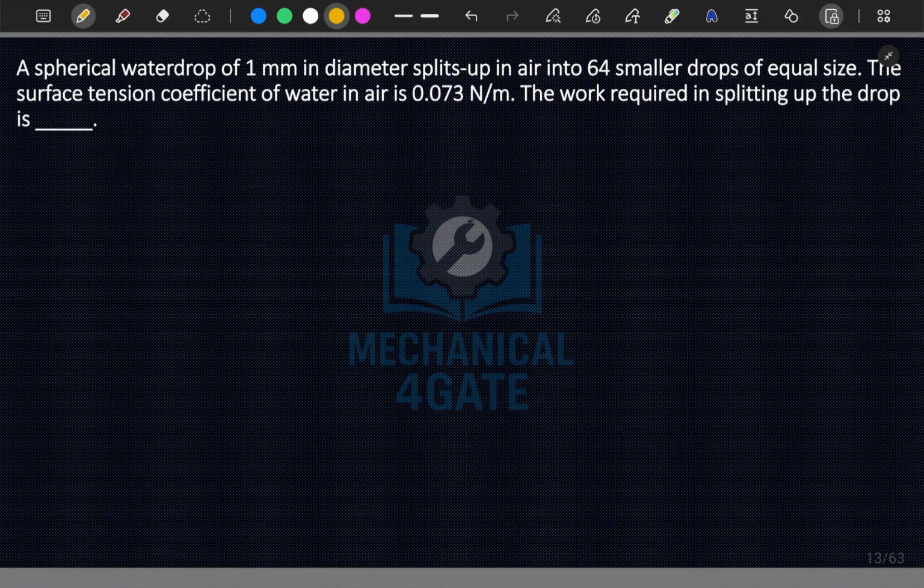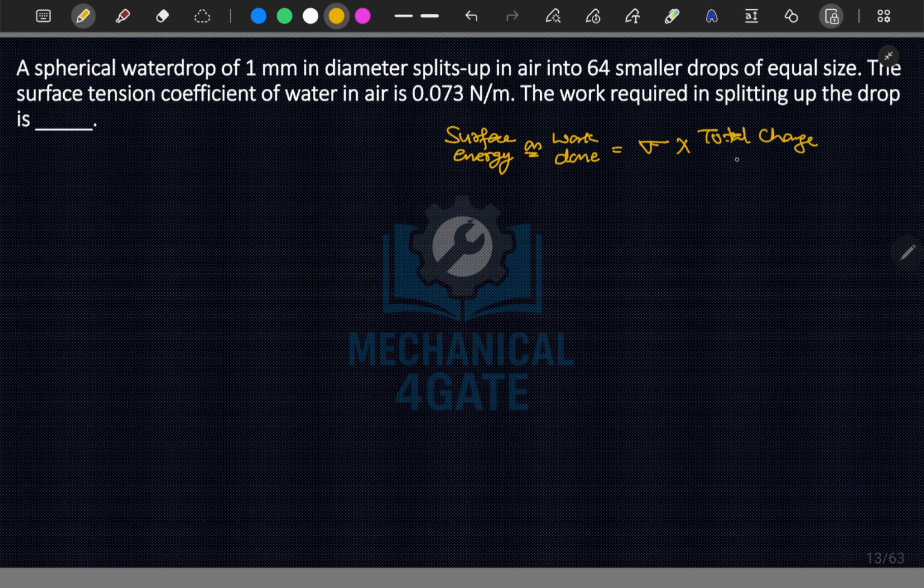Okay, so we know that surface energy or work done is equal to sigma times the total change in area. It is mentioned that a spherical droplet, originally 1 mm in diameter, splits into 64 smaller droplets.